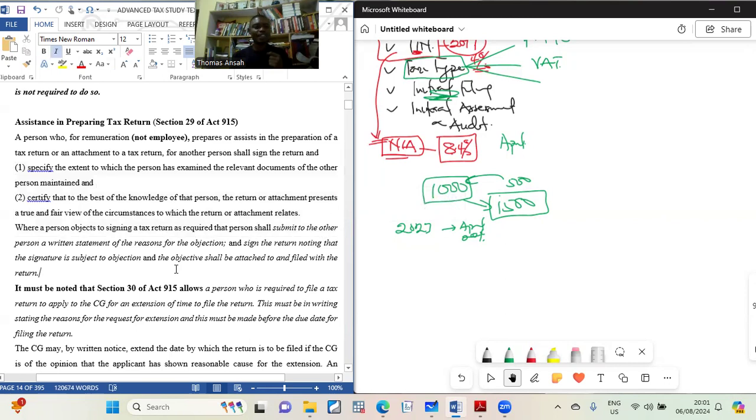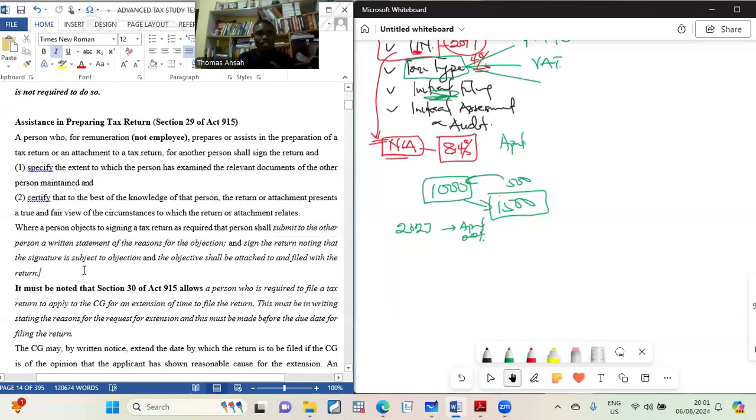Now, if the person has an objection, where a person objects to sign for the person he is doing it on behalf of, the law says that he shall submit to the other person a written statement of the reason for his objection, and sign the return, noting that the signature is subject to an objection.